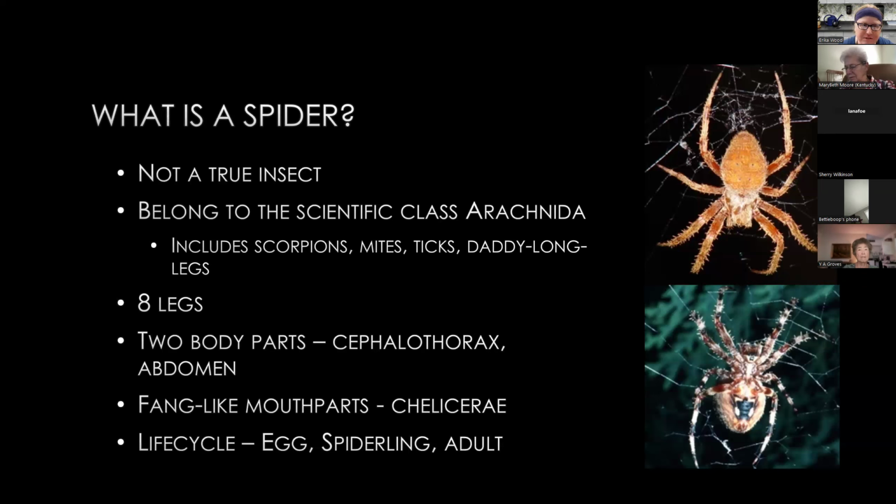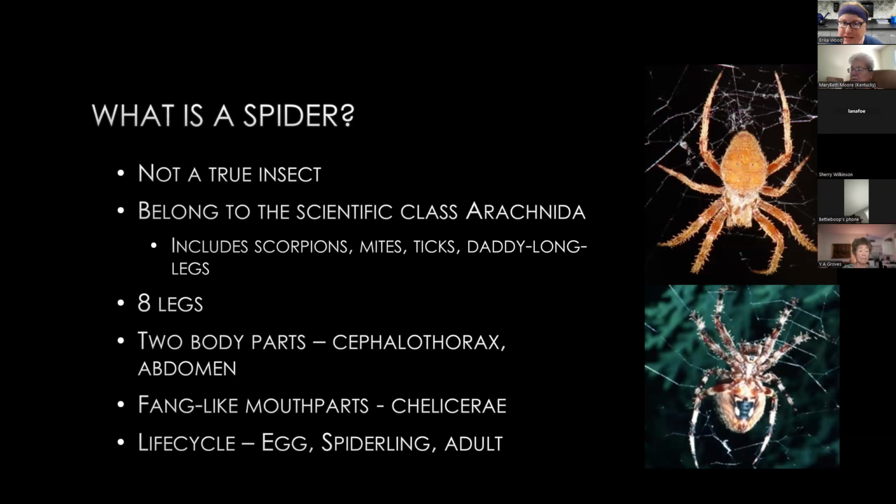And then the life cycle of a spider is more of an incomplete or simplified metamorphosis compared to things like, say, butterflies, which usually have the egg, caterpillar, chrysalis, and then adult. Spiders instead have the egg, the spiderling, and then the adult. What happens with spiderlings is they will molt like some of these other animals.